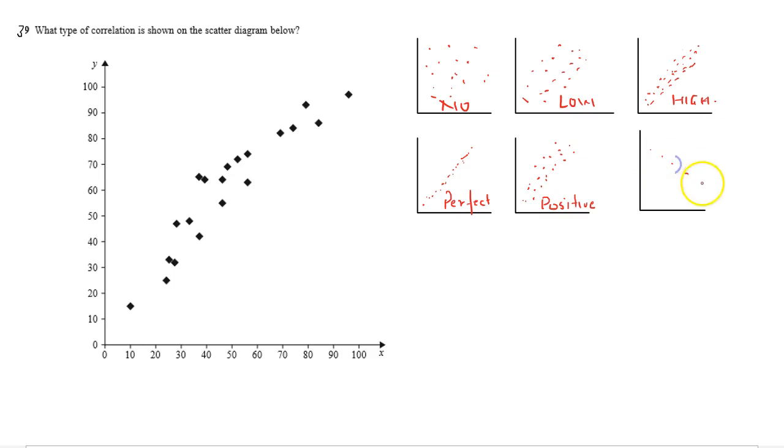If we have a correlation in this direction, then we call it negative correlation, and then the partial. So this correlation is a positive correlation.